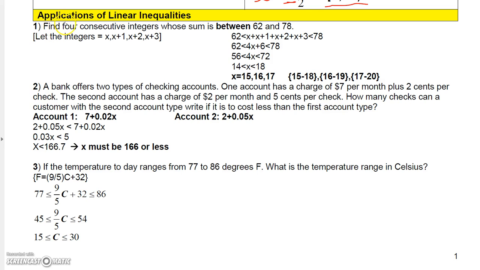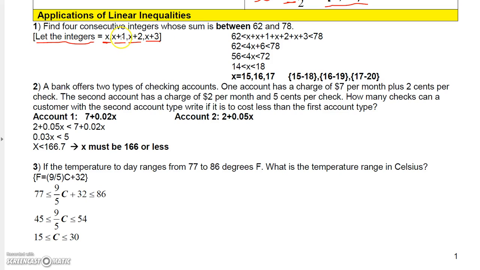Now here's some applications of linear inequalities. This first one says find 4 consecutive integers whose sum is between 62 and 78. So I'm going to let those 4 integers be, since I don't know what they are, the first one be x, and since they're consecutive, the next one must be 1 more than the first one, and the next one must be 2 more than the first one, and the next one must be 3 more than the first one.